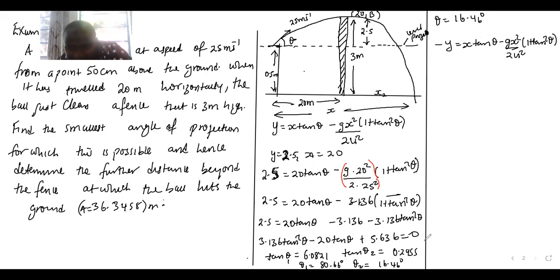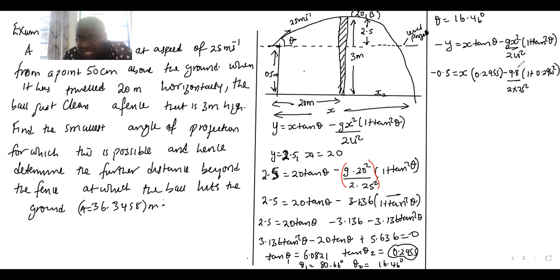Now, because you already got this tan theta 2, if you're a smart student, you don't need to substitute 16.4. Just say the particle is going down. What height is it covering? It is covering a height of negative 0.5, equal to x, which you're looking for, the total displacement, times tan theta, which gives us 0.2955, minus 9.8 divided by 2 times 2.25 squared, into 1 plus 0.2955 squared.